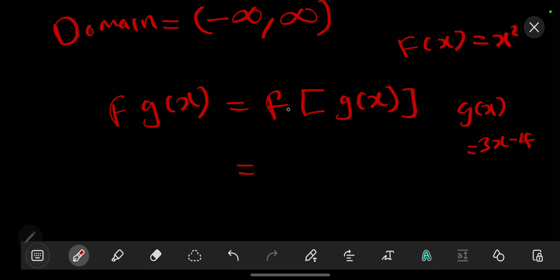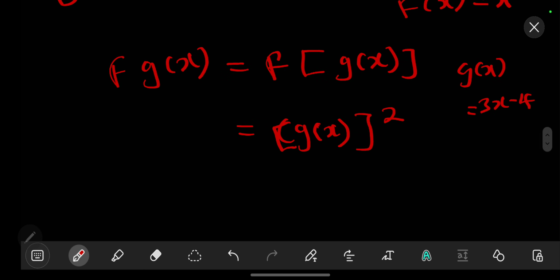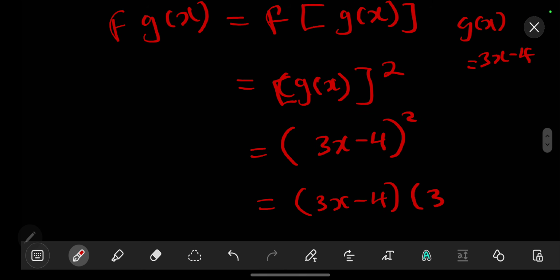So where there is x in f, which is our x squared, we are going to put our g of x, which is 3x minus 4, squared. We are going to square this because it's squared there. So this is the same as having 3x minus 4 times 3x minus 4.